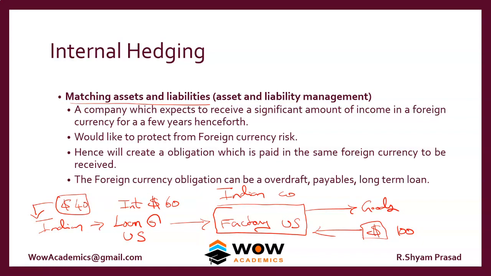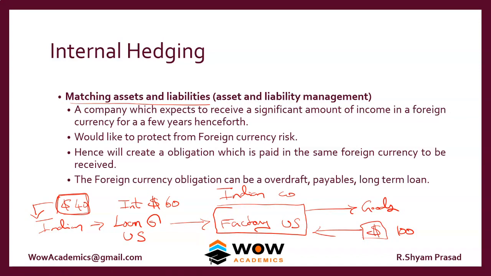So rather than having $100 of forex fluctuation, now the company has to deal with $40 of forex fluctuation. So this is a better method than the earlier method of borrowing in India and investing in the US. Now they have borrowed in the US and invested in the US, and they are also selling in the US, and they also pay the interest in the US.